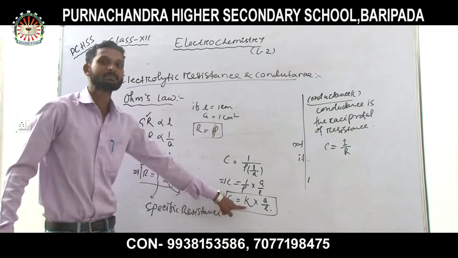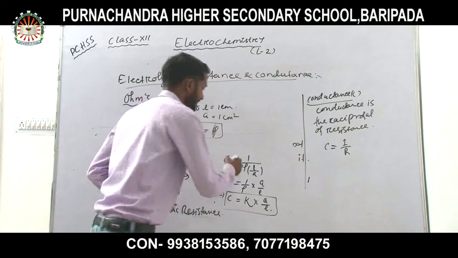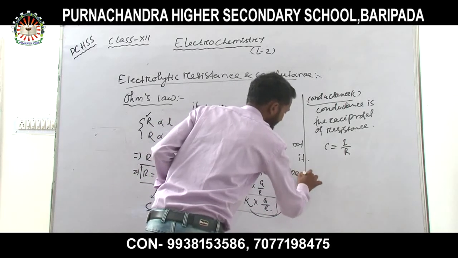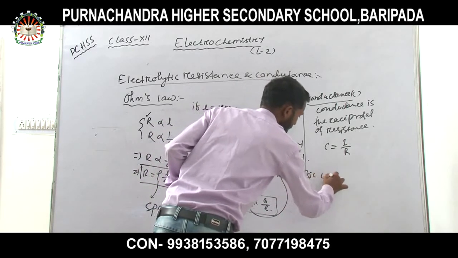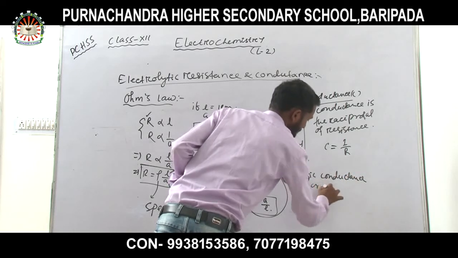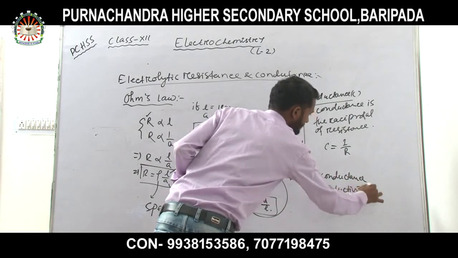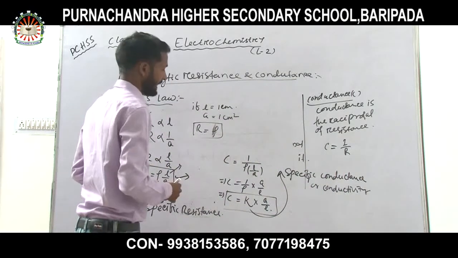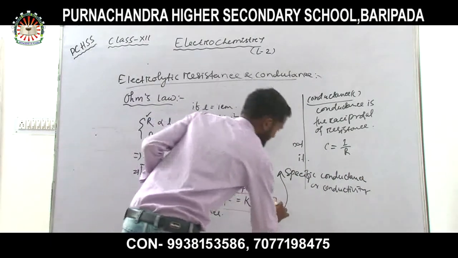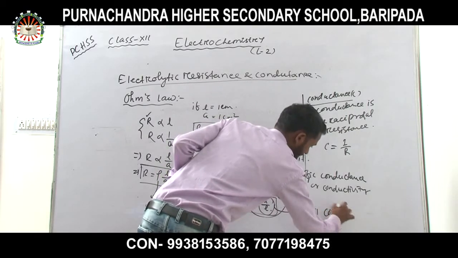It is called specific conductance, or conductivity. Kappa is known as specific conductance or conductivity, and A by L is known as the cell constant.